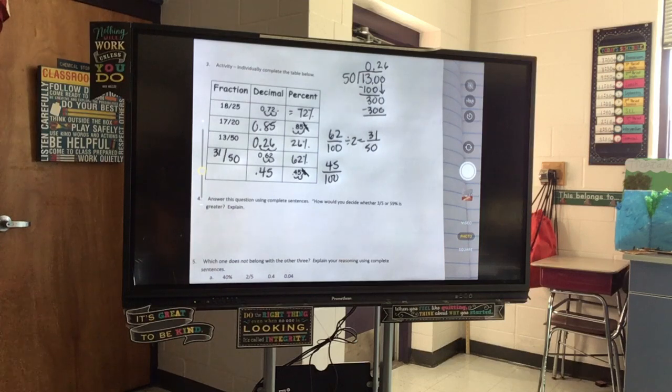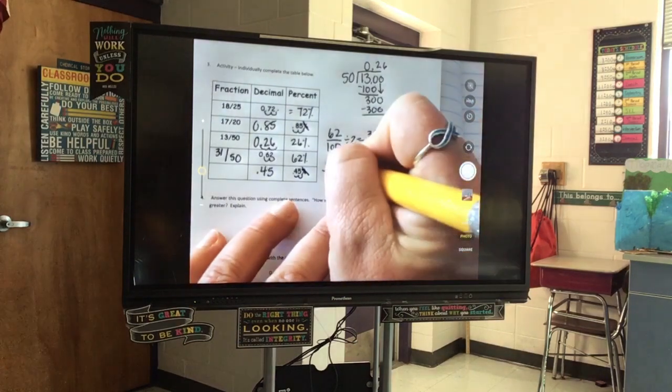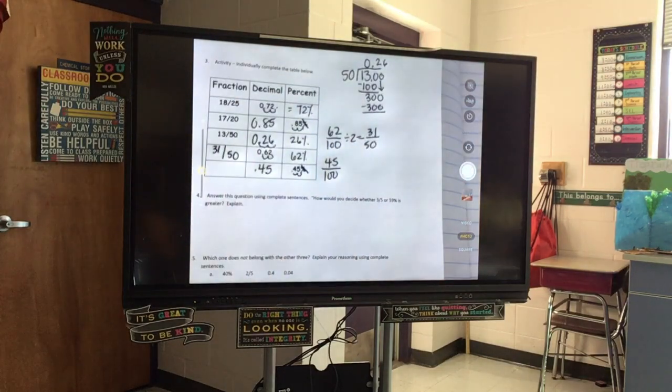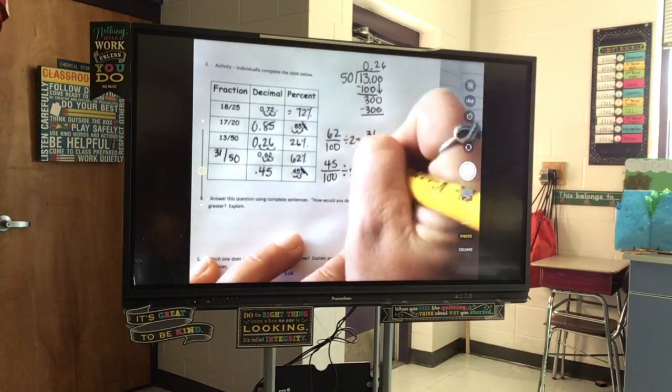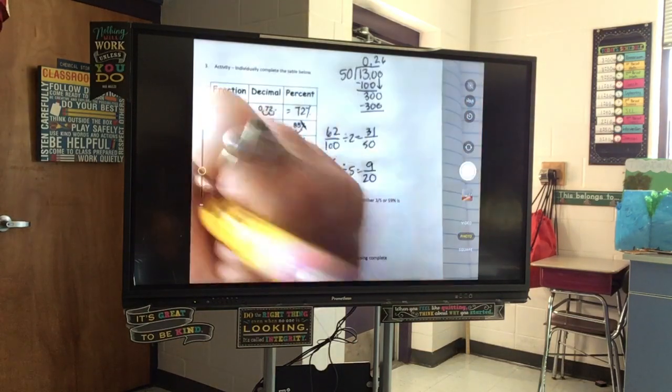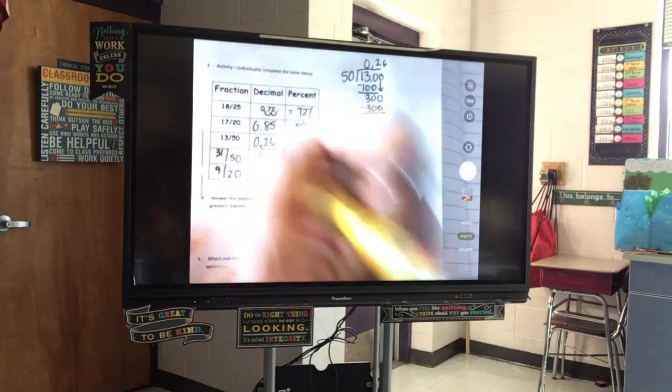The first place value to the right of your decimal is what place value? Kira? Tenths. Did you just say ones? Y'all are killing me. Ones? No. Alright, so what do I need to do with 45 hundredths though? Brielle? Gotta simplify it by what? Okay, so that gives me 9/20ths, and that is my fraction.